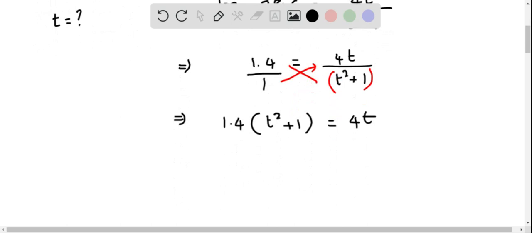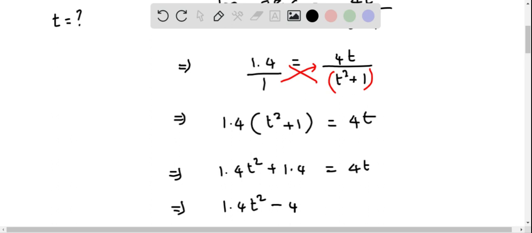Now we can simplify this. This gives 1.4 t squared plus 1.4 equals 4t. Now let me subtract 4t from both sides. So we will be getting 1.4 t squared minus 4t plus 1.4 equals 0.